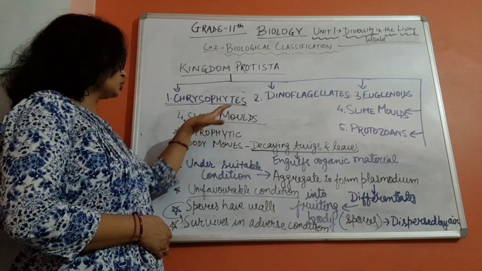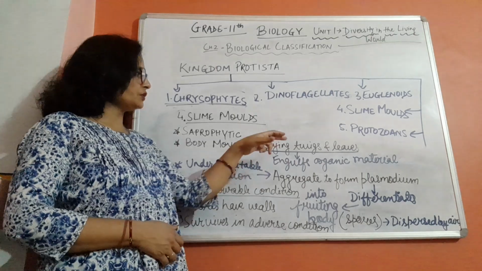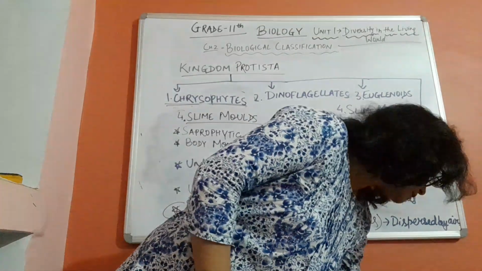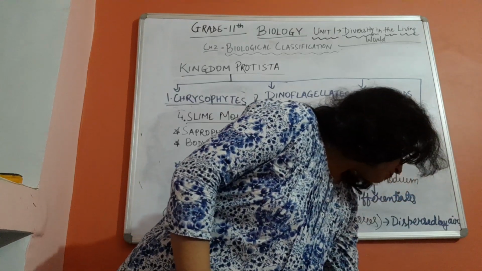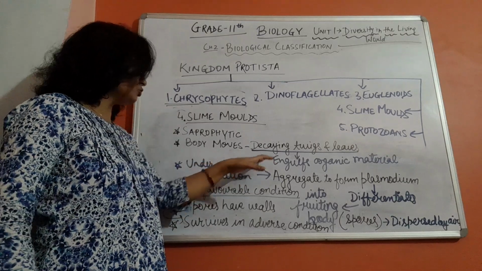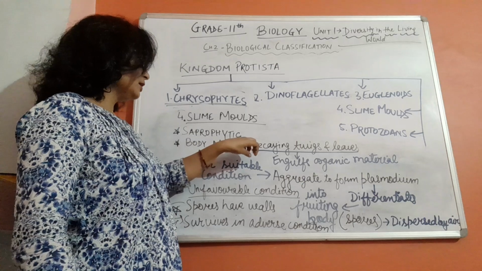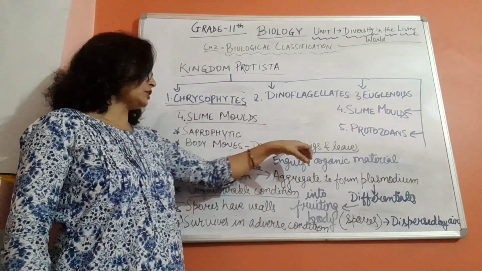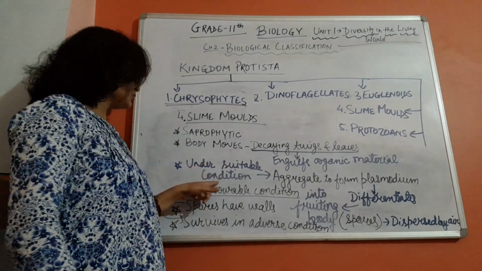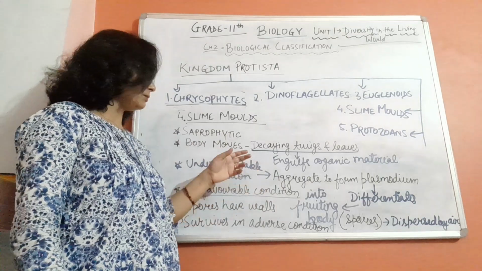Slime molds are also aquatic, and the body moves along with the decaying twigs and leaves in the water bodies. They engulf and feed on the organic matter after the decomposition of such decayed twigs and leaves.